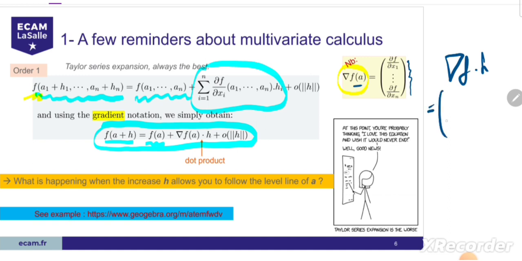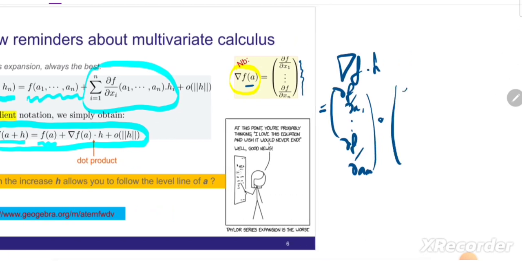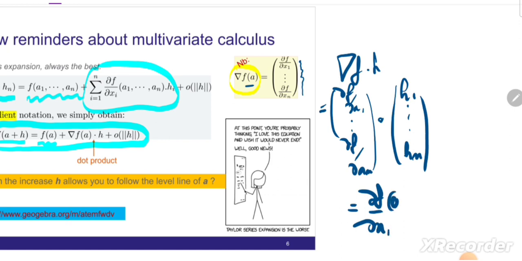If we write this out, it's df over dx1 up to df over dxn, dot product with the displacement h1 up to hn, and if you make this dot product, it's df over dx1 at point A times h1, which is just a usual product, plus df over dx2 at point A times h2, etc. Okay? All right.